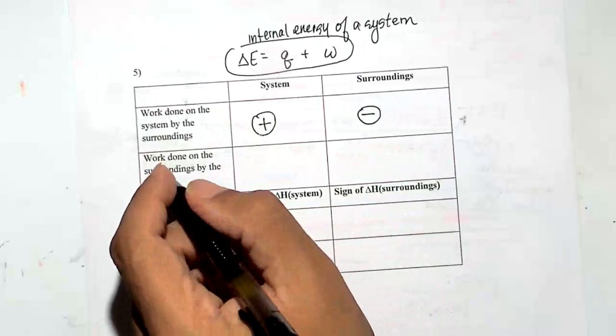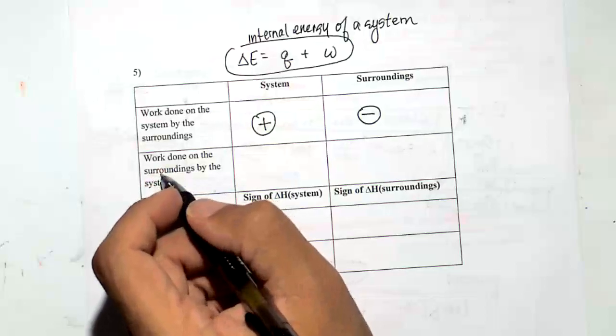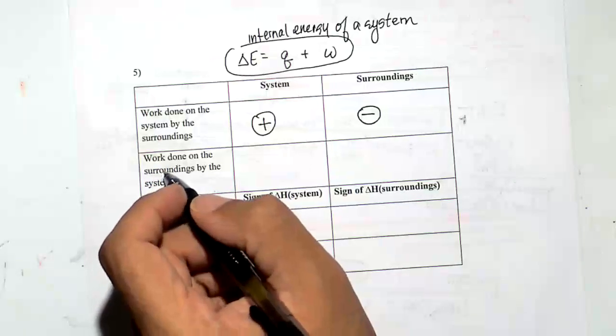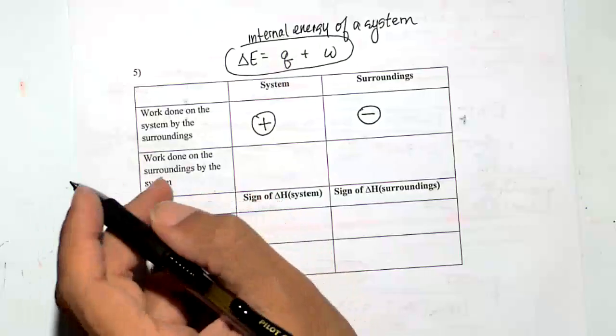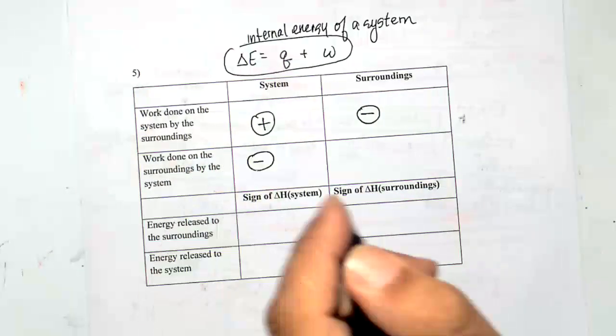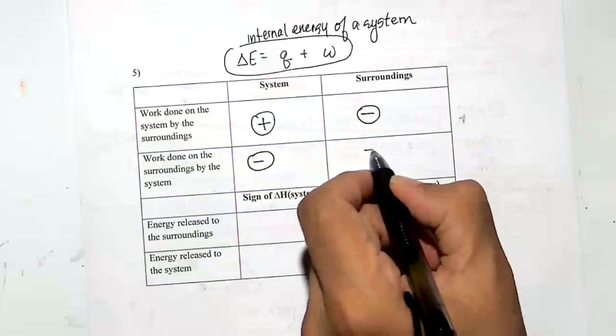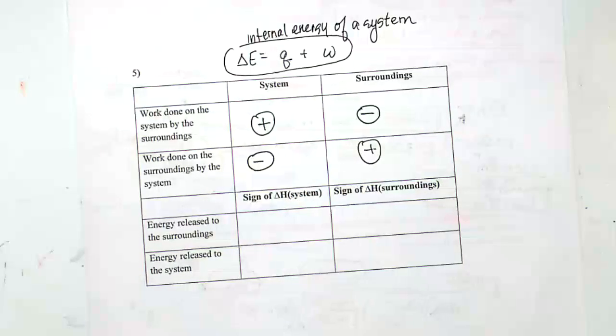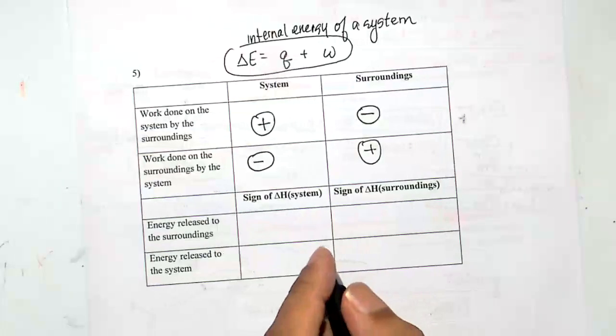Positive. Okay, what about the opposite situation? Work done on the surroundings, by who? So who does the work? The system. They get negative, and the surroundings is going to take that work and be positive. So it's the same value, same number, but different sign.